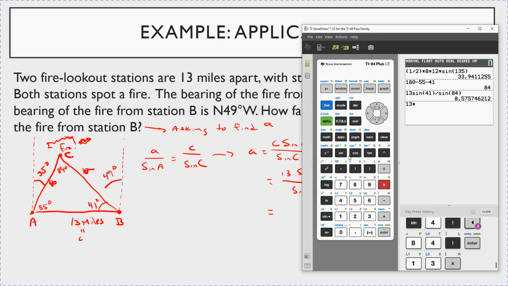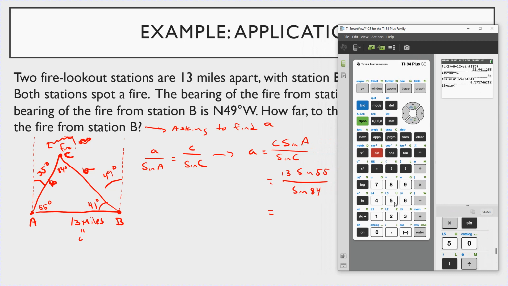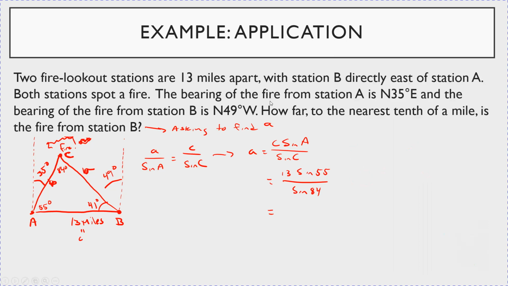So 13 times sine of 55 degrees divided by sine of 84 degrees. And you get 10.7 miles.